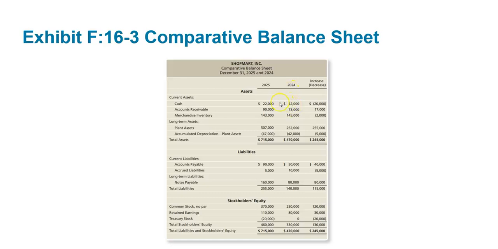And what we do is subtract the beginning balance from the end balance. So the end balance minus the beginning balance equals the change, or the increase or decrease, on the balance sheet.